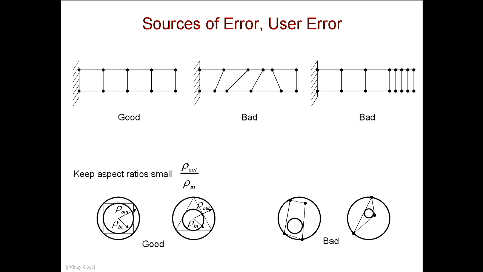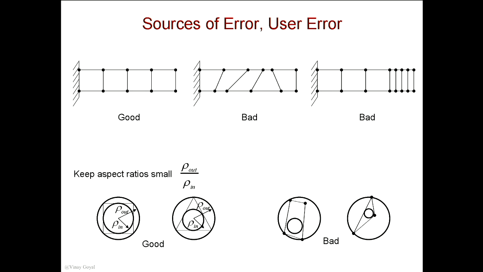While these elements don't look great, they could be okay. But if I were to use an isoparametric formulation, I have to turn this highly distorted element into a square, so the Jacobian may not be very good for that element. And then these ones are great, but this one has an aspect ratio that is not very good.